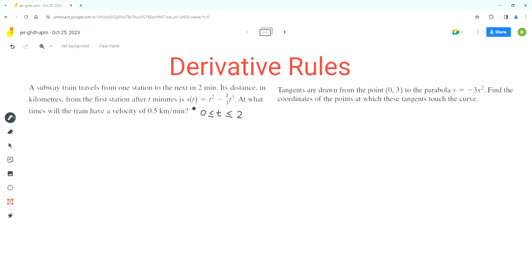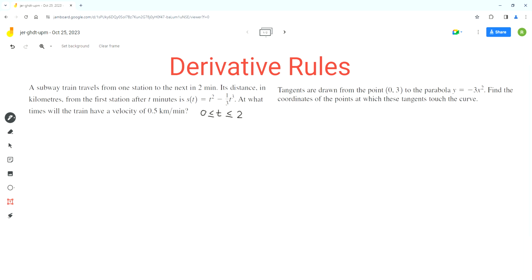Now we are given the position function and we have to find the time at which the velocity will be 0.5 kilometers per minute. Now we know that the velocity function is the derivative of the position function. So the first step here is to find the derivative of this given position function.